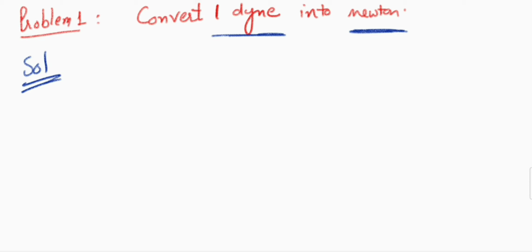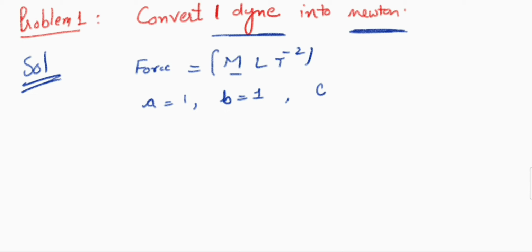We know the dimensional formula for force is MLT to the power minus 2. The power of m here is 1, for length it is 1, and for time, which is c, it is negative 2. One dyne is equal to how many newtons? This we have to find here.